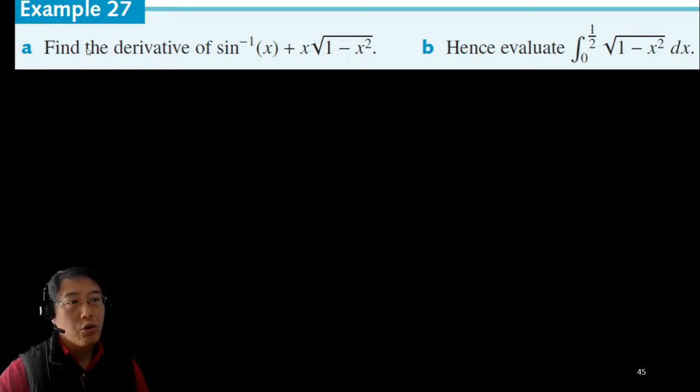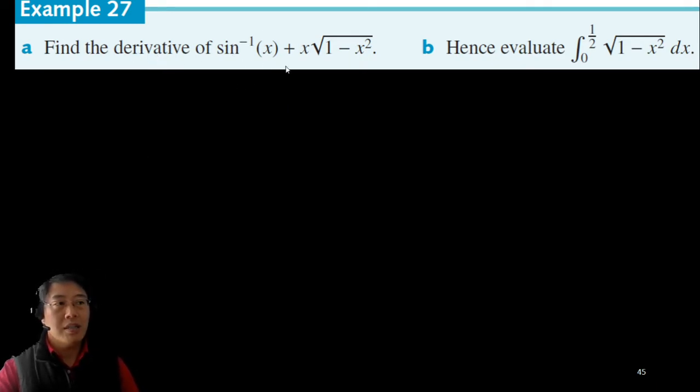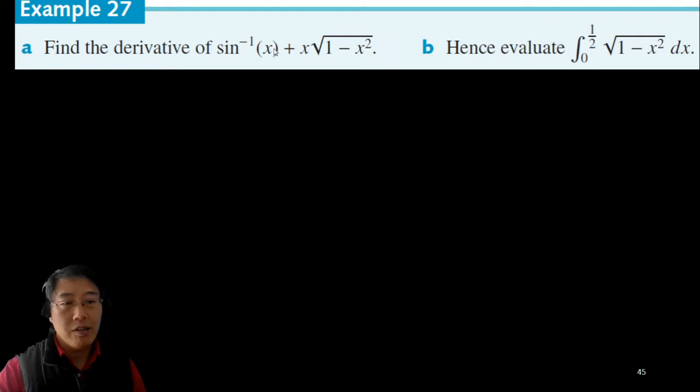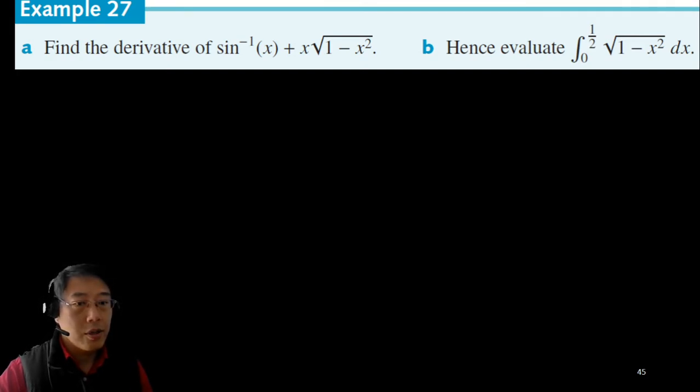Okay, so using part A, what you need to do is differentiate that. Do you remember the derivative of inverse of sine? You can speak up.